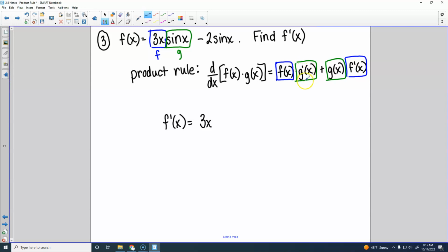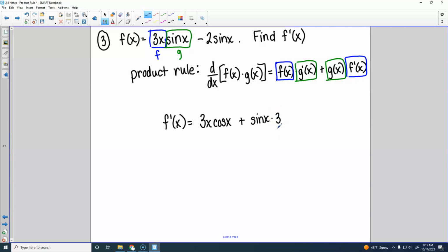Paul, what is the derivative of sine x? Cosine x. So we'll have cosine x here. So that's our f times g prime, plus g, just the sine x, not doing anything to it, times f prime. Wesley, what's the derivative of 3x? 3. Just 3. All right.